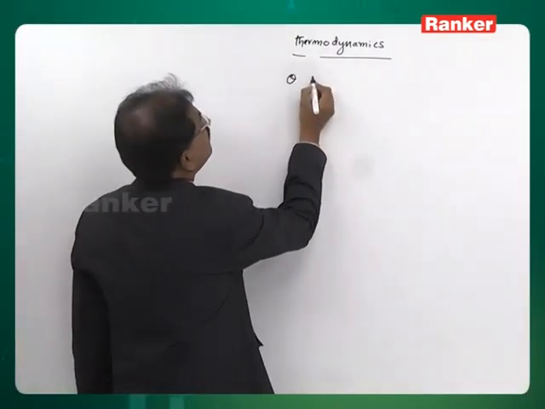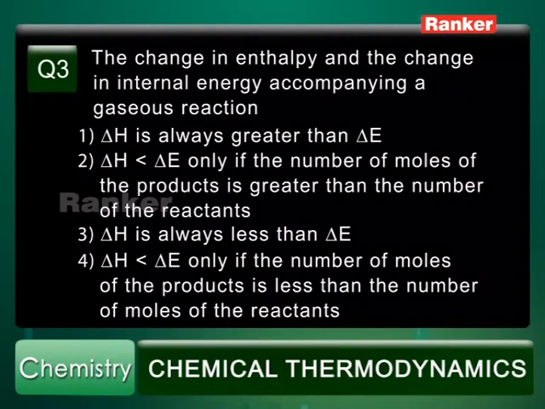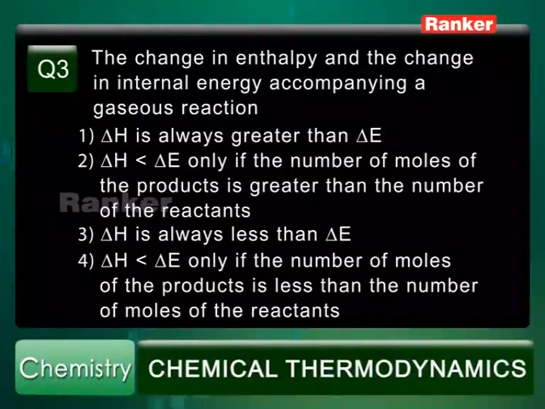Next, question number 3. The change in enthalpy and the change in internal energy accompanying a gaseous reaction. They have given 4 statements. In the first option, they said that enthalpy change is always greater than internal energy change. Second option, enthalpy change is less than internal energy change if the total number of moles of the products is greater than that of the total moles of the reactants.